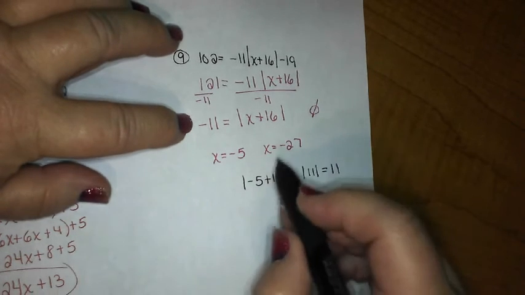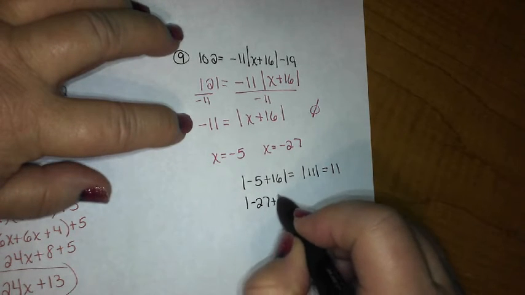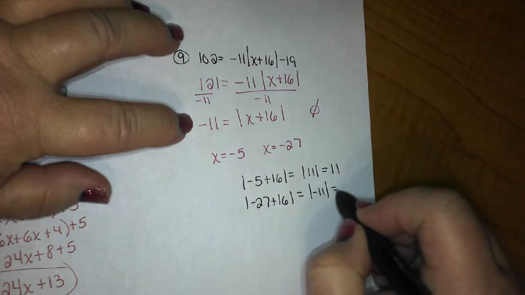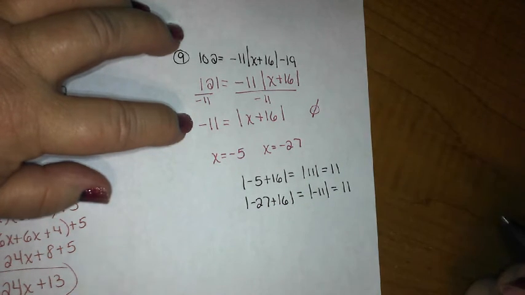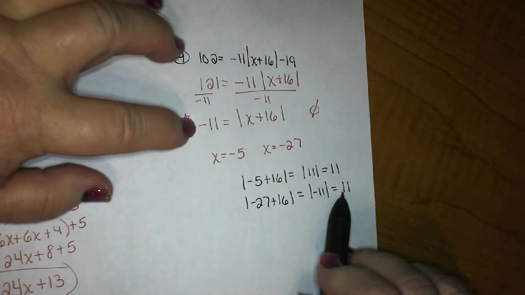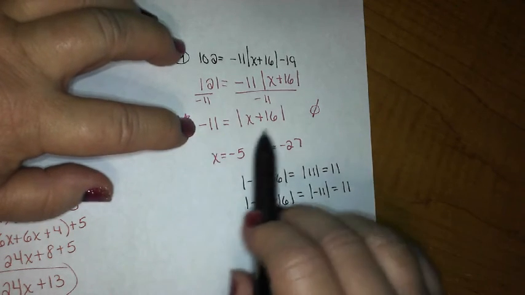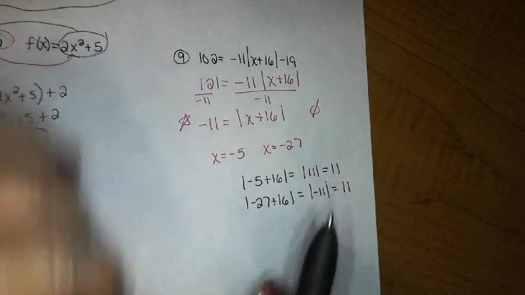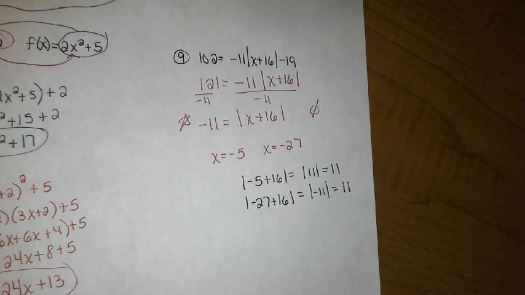Same thing with negative 27. If I plug in negative 27 plus 16, I get the absolute value of negative 11, which is again 11. Absolute value is never going to yield a negative answer. So you could stop right here if you noticed, or if you continued, check those answers and make sure they actually work. Good luck.